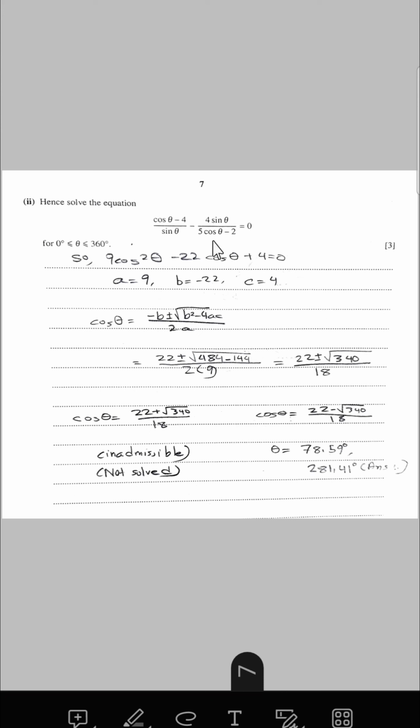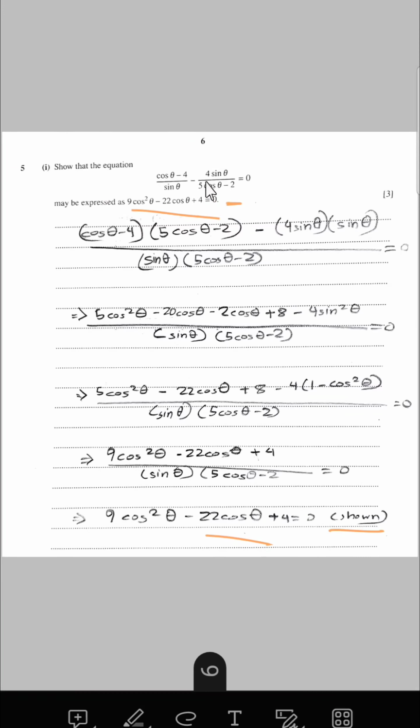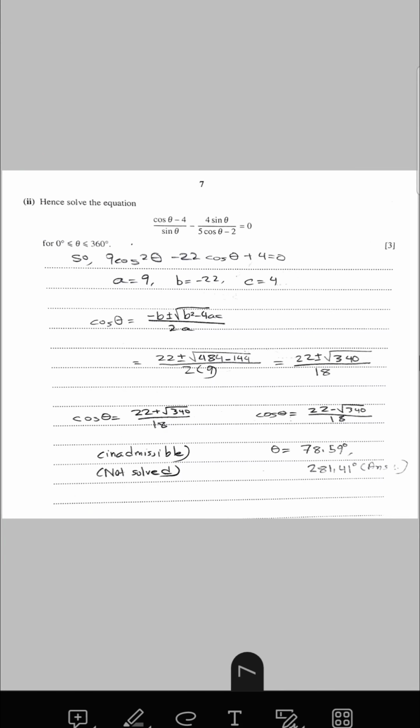First of all, we can see that this expression and this expression are the same, and we have simplified this expression to the form 9 cos square theta minus 22 cos theta plus 4 is equal to 0. Now to find the value of cos theta, we can use the simplified expression. Since this is a quadratic equation, cos theta would be minus b plus minus root over b square minus 4ac by 2a.